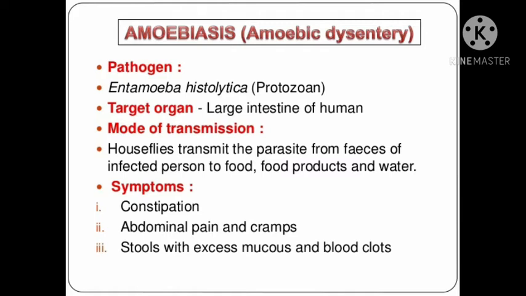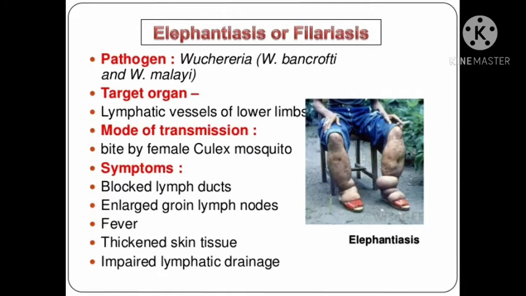Next disease is filariasis, which is caused by a helminth or worm. Elephantiasis or filariasis is caused by the pathogens Wuchereria bancrofti and Wuchereria malayi, which are the two species of Wuchereria known to cause the disease elephantiasis.